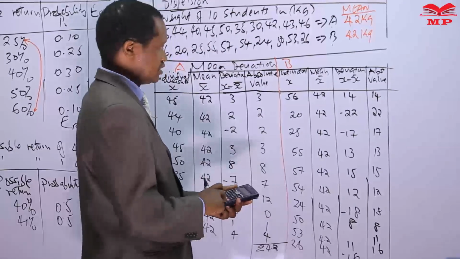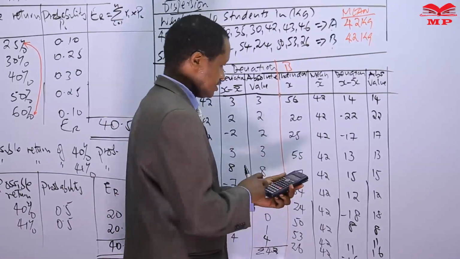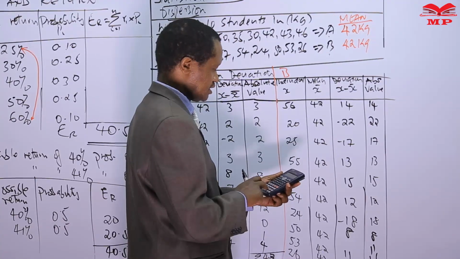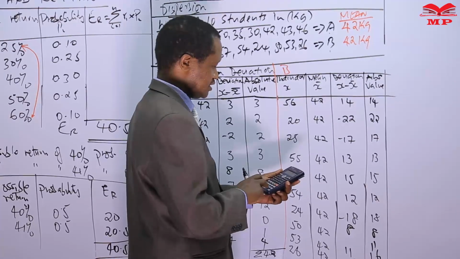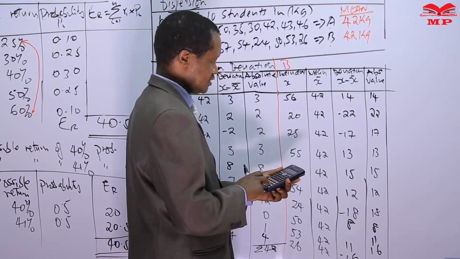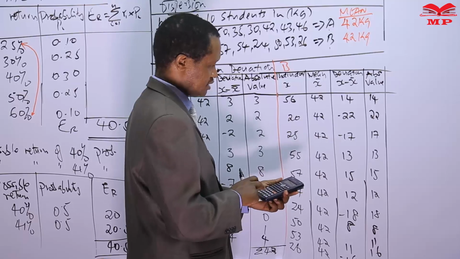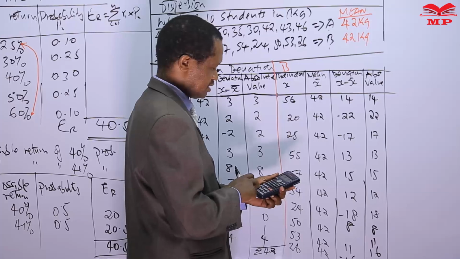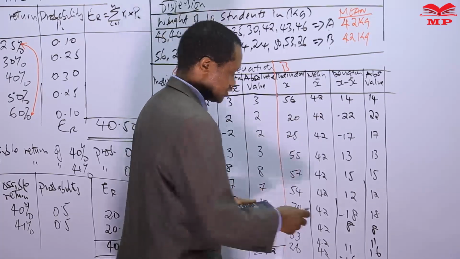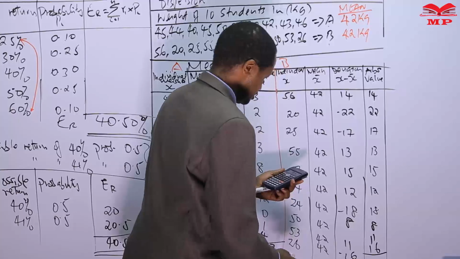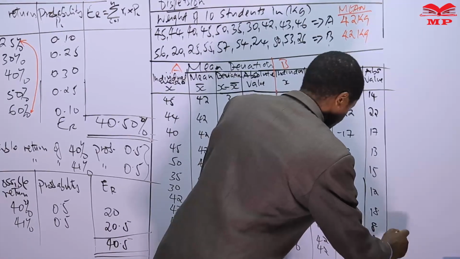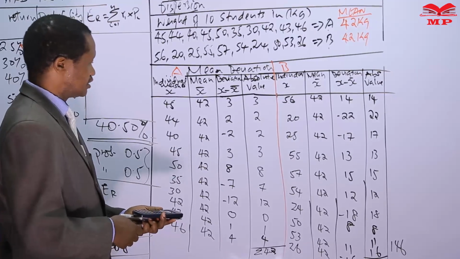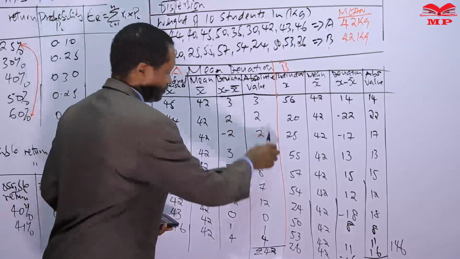So we can add the absolute values under class B: 14 plus 22 plus 17 plus 13 plus 15 plus 12 plus 18 plus 8 plus 11 plus 16. The total there is 146 under class B.